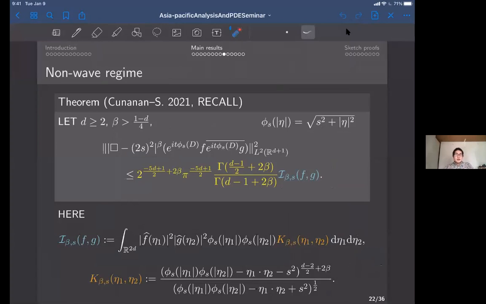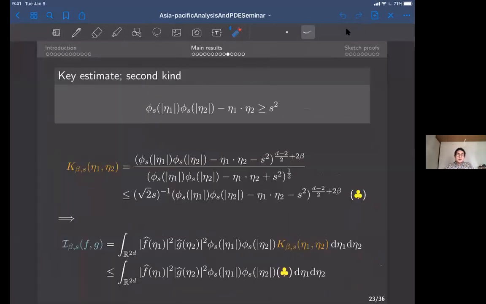And there is the other framework to estimate the kernel. Here I just wrote our theorem again. So I want to further calculate this kernel. And here we use this key estimate to kill the denominator. So I replace this by s squared to make the whole thing slightly bigger.